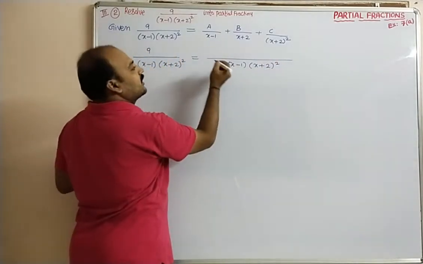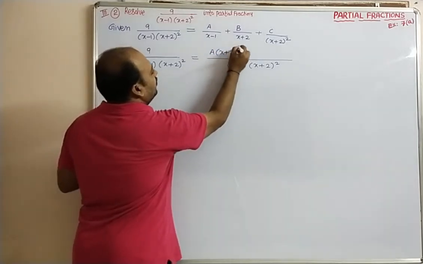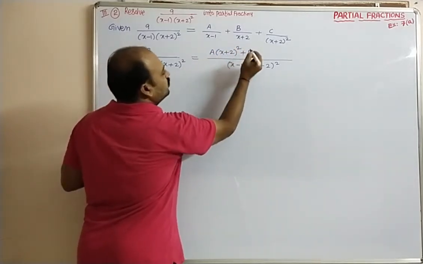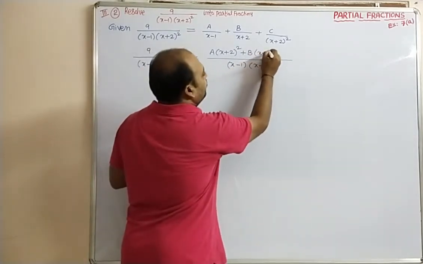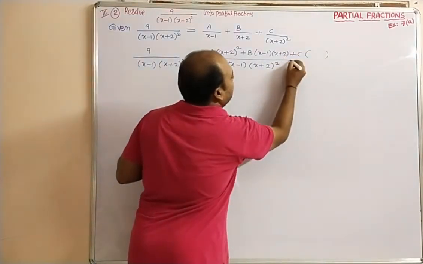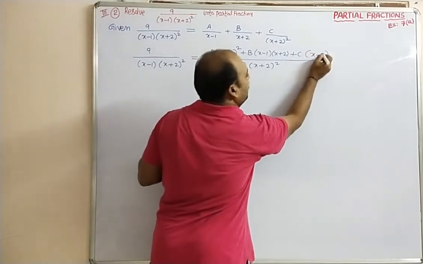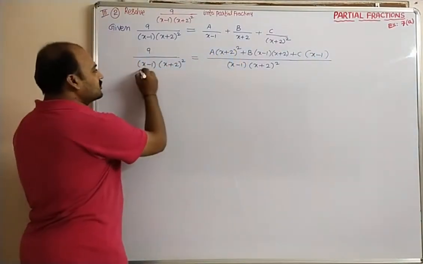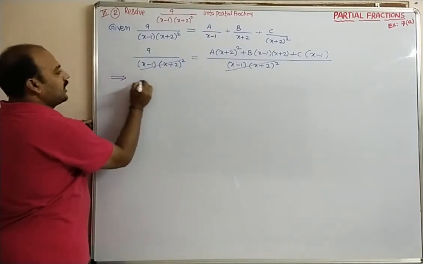So x minus 1 cancels, a into x plus 2 whole square, plus b into x plus 2 cancels, x minus 1 into x plus 2, plus c into x plus 2 whole square cancelled, remaining is x minus 1. Now on both sides the denominator is cancelled.